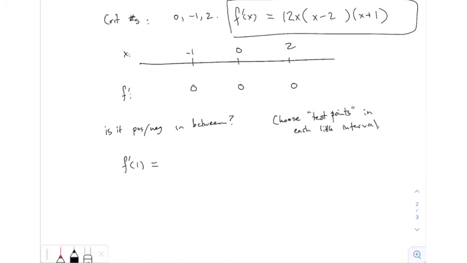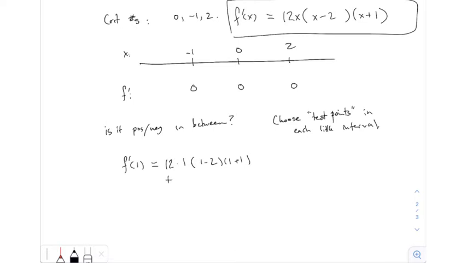I get 12 times 1, 1 minus 2, 1 plus 1, right? And then whatever that is, remember, I don't actually care what the number is. I care only if it's positive versus negative. So here's a little hack for doing this without using your calculator. All I care about is positive versus negative, right? What I have here is 4 things multiplied together.